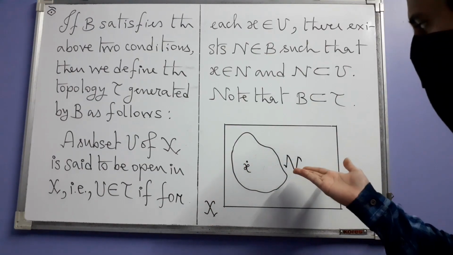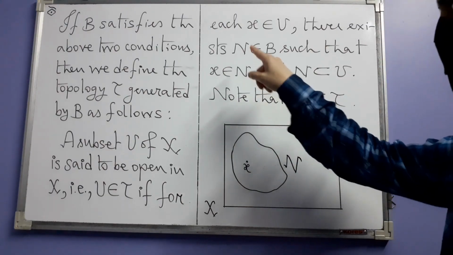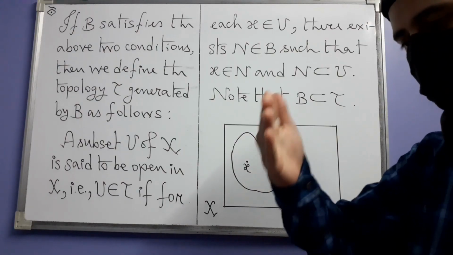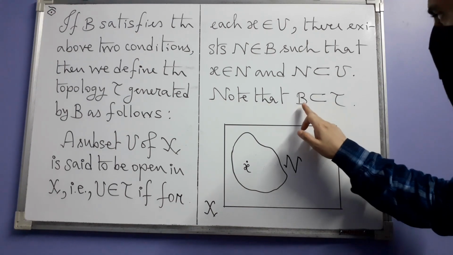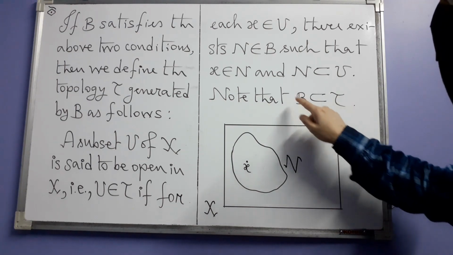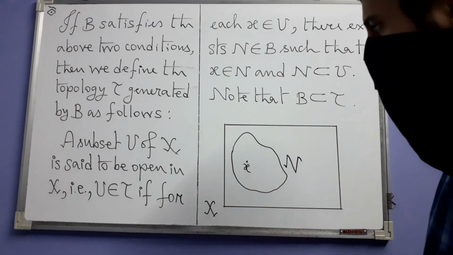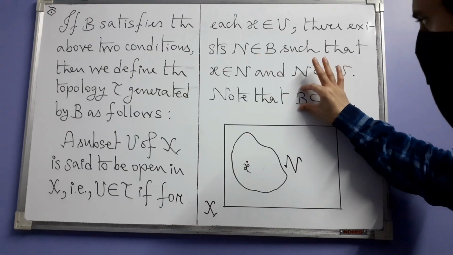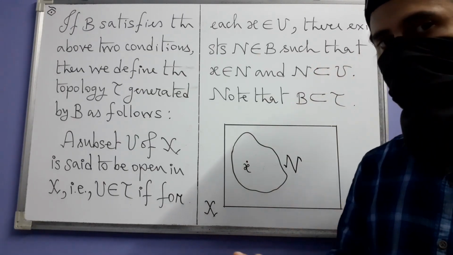But one such obvious element is n itself, because n is already inside the basis and obviously it contains x and it is a subset of itself. So that way any element n in B is automatically open by this condition, and so it will belong to tau, and the basis itself becomes a part of tau, which is what we want.